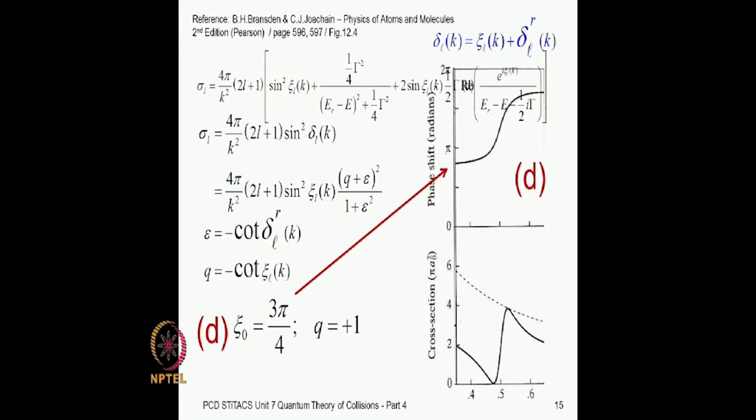And then we also had the other case, which is the background phase shift being 3/4 of pi, and then you have q equal to +1, and as was the case for q equal to -1, you have an asymmetric line profile. So most of the profiles for various different values of q will be asymmetric.